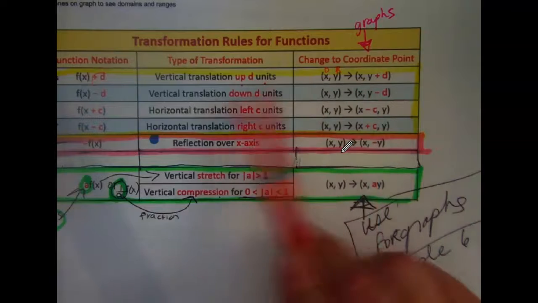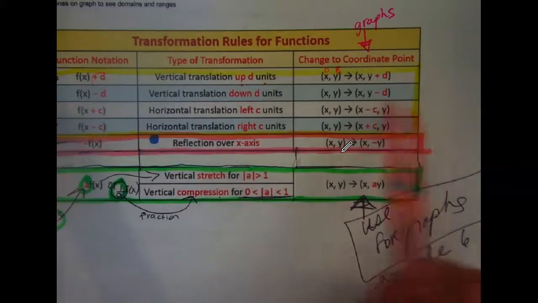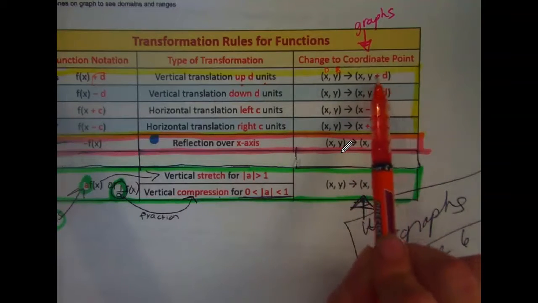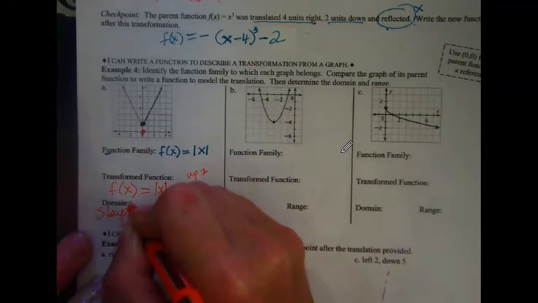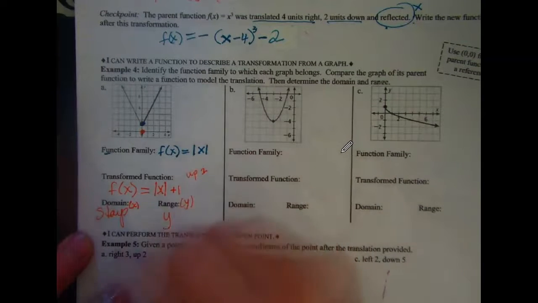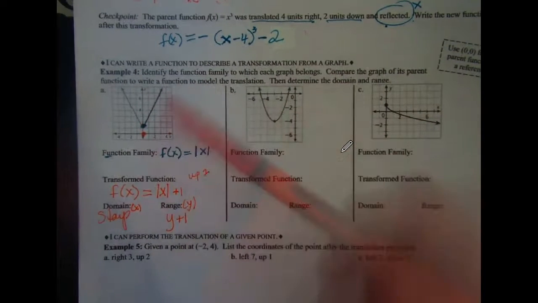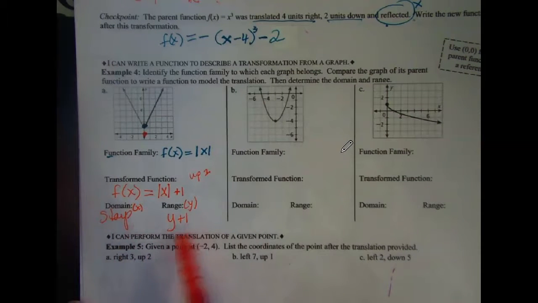Again, when we go up 1, that means the x value stays the same, but we take our y and add 1 to it. So x stays, the domain, again, is our x's, and the range are our y's. So this becomes y, whatever the y is, plus 1. Meaning if I were to give you all the ordered pairs of the parent function, you would keep all the x's the same, and you would add 1 to all the y's, and then you'd replot the points, and you'd come up with the transformation.